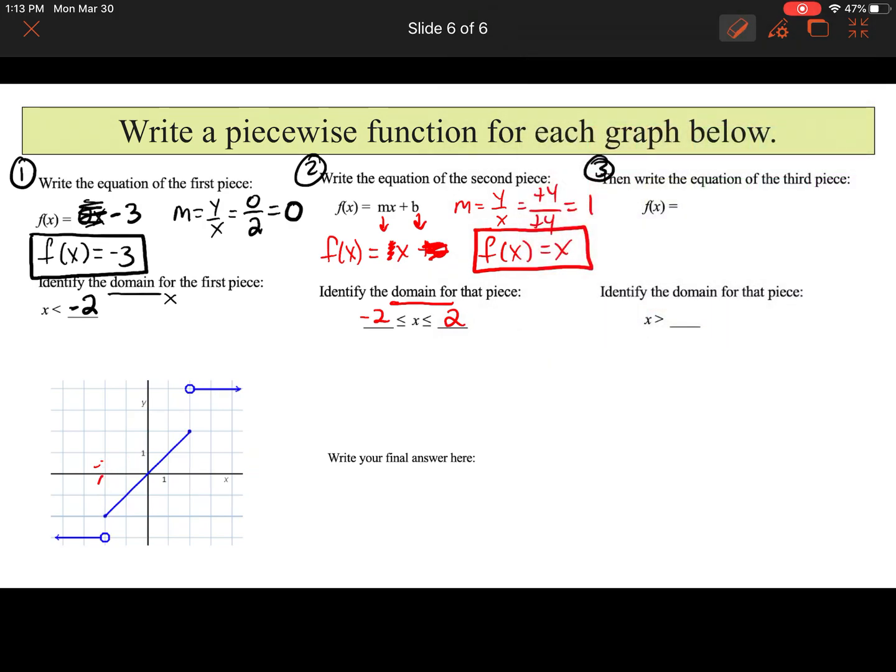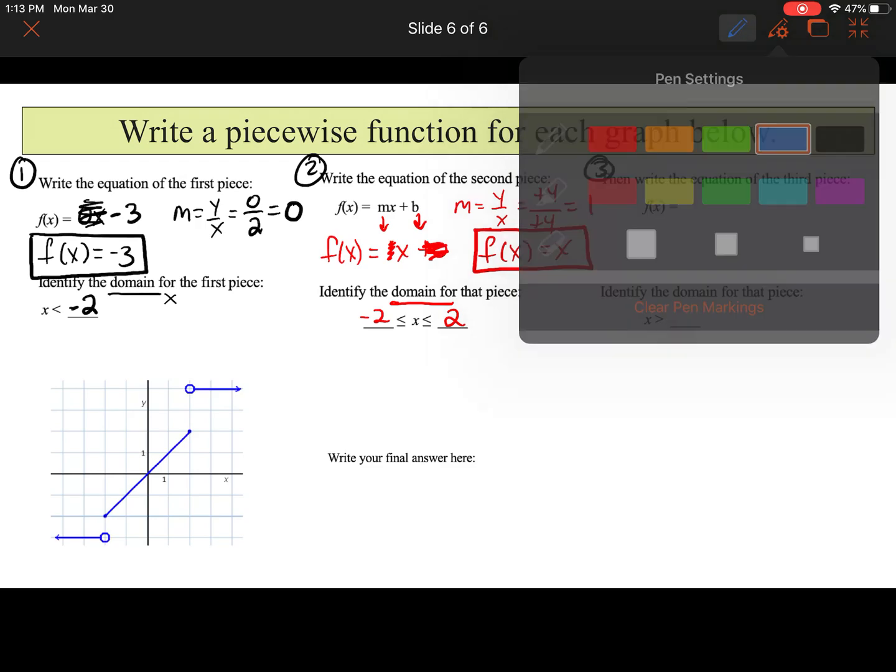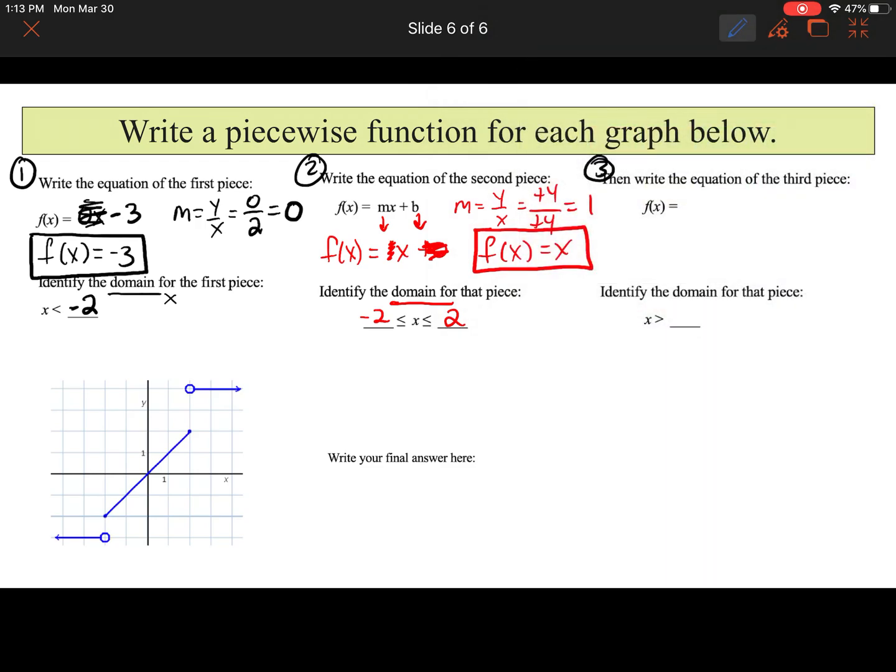All right, finally for our last piece here. Write the equation for the third piece. Here's the third piece. F of x equals, well, here's 2 points. It's a horizontal line. So if it's a horizontal line, I can't go up and down to figure out how many places on the y-axis we should go. So y equals 0.